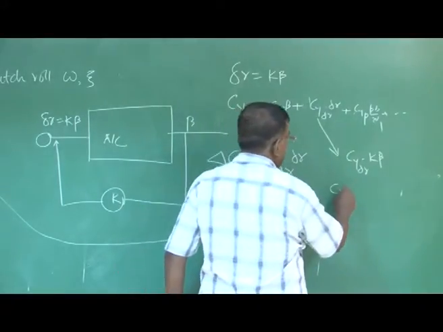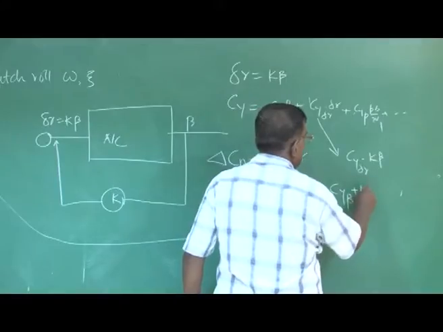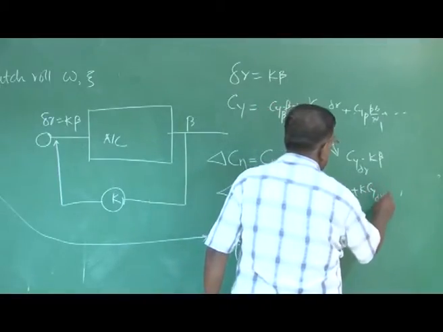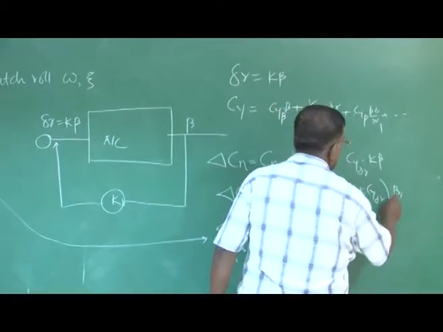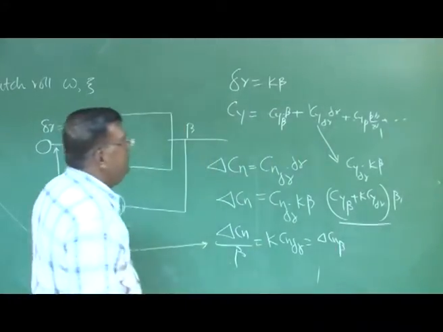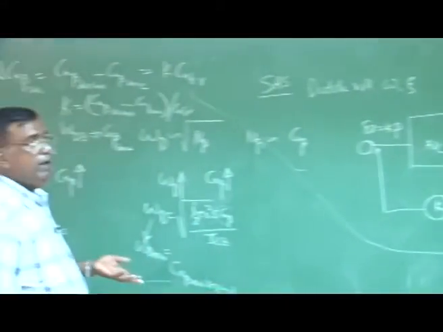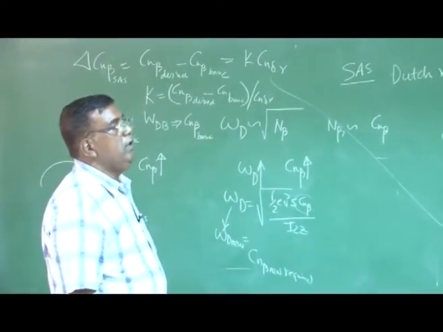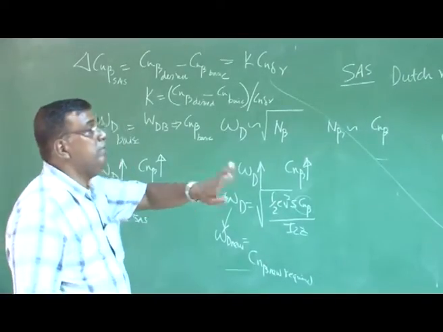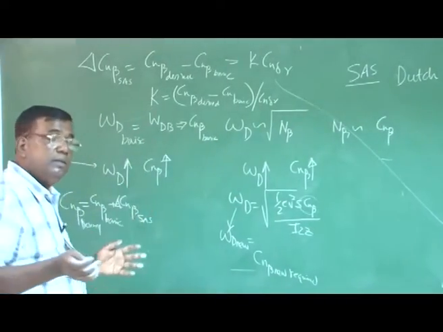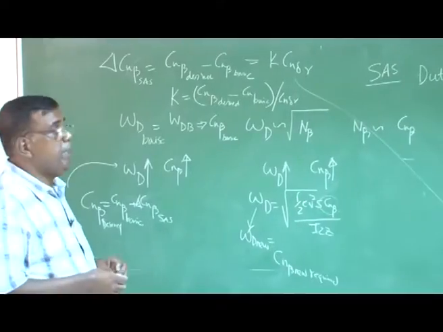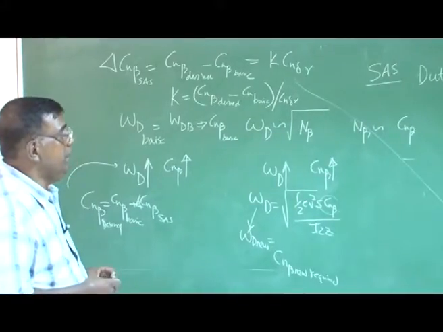So finally you find Cy beta plus k Cy delta R, into beta. So your Cy beta effectively gets modified. Because Cn beta has been modified, Cy beta also gets modified, so we have to see the effect of this on the overall stability of the system. This understanding is a must.